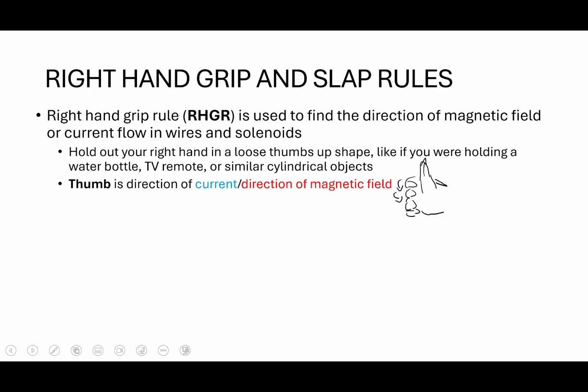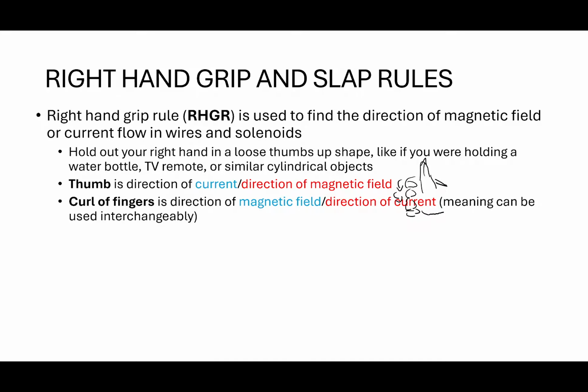The thumb is the direction of either current or magnetic field. The curl of your fingers is the direction of the magnetic field to the current, or the direction of current to the magnetic field. The meaning can be used interchangeably. You don't need to have your thumb be specifically one variable, you just need it to be consistent.